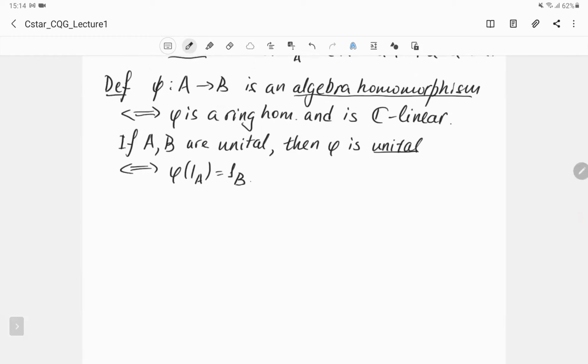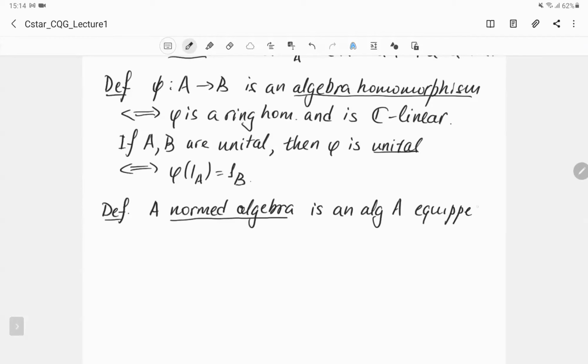Okay, now let's recall the definition of a normed algebra. By definition, a normed algebra is an algebra A equipped with a norm, so it's an algebra and a normed space at the same time.